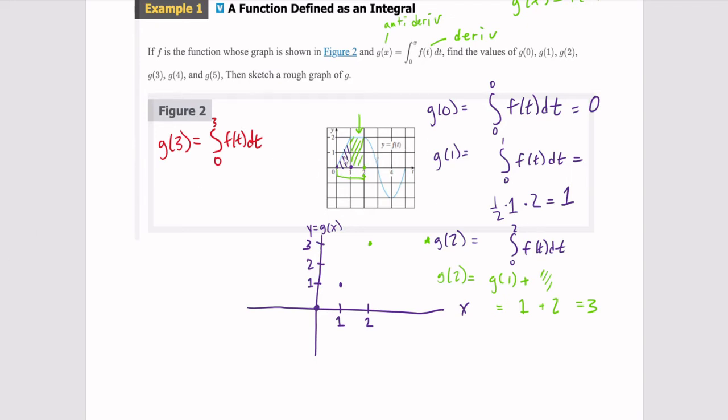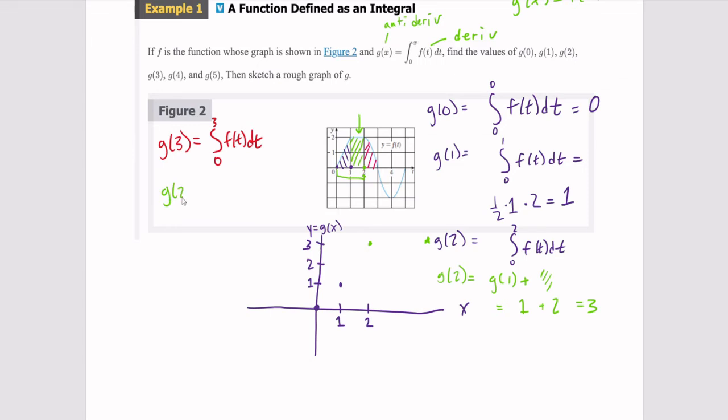So we already actually have some of this done. So really all we need to add to this is just this area here between 2 and 3. So what we're going to do here is we're going to take g of 2 and add in this extra area. So then let me just write that out, and I'll try to color code this too.